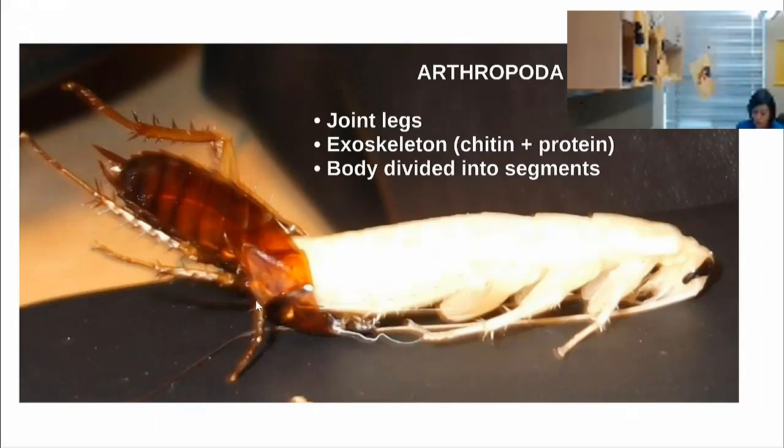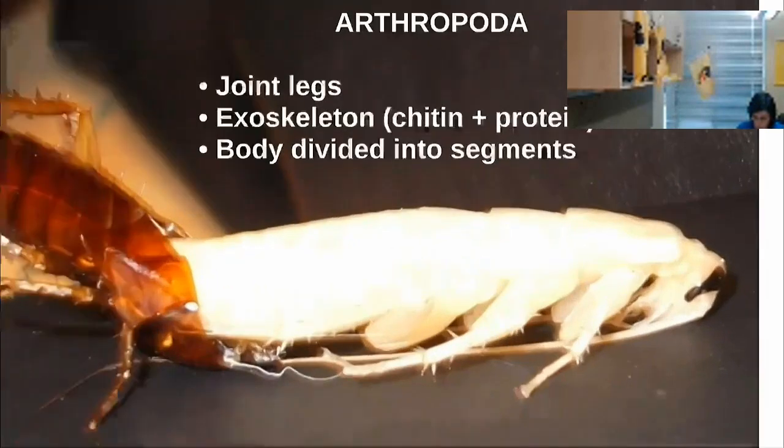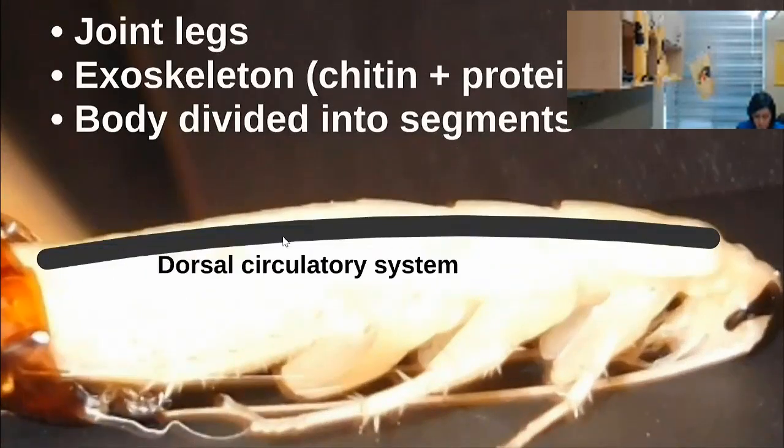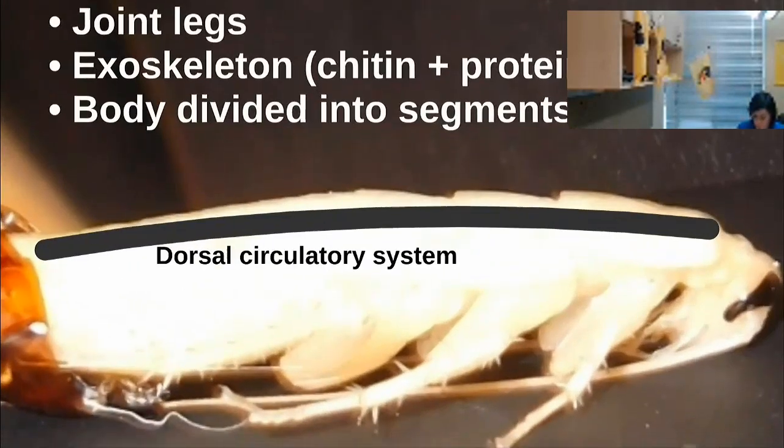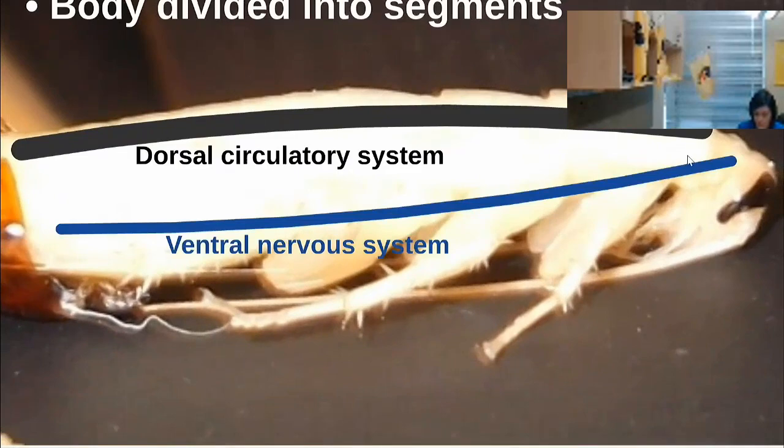During this phase of molting, the arthropods are more likely to desiccate, to lose water to the environment because they're not fully protected, and they can absorb pesticide quite more easily as well. They also have a dorsal circulatory system and a ventral nervous system.